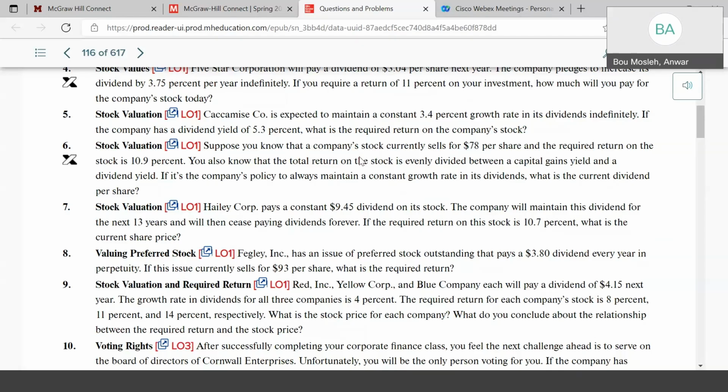You receive a dividend on a yearly basis, let's say. So that is a return on your investment. You buy a stock and you get dividends on it. And your second source of return is the change in the value of that stock. And what we're given here is that the return on your investment in the stock is split: one half of the return is from dividends and the other half is appreciation or change in the stock value.